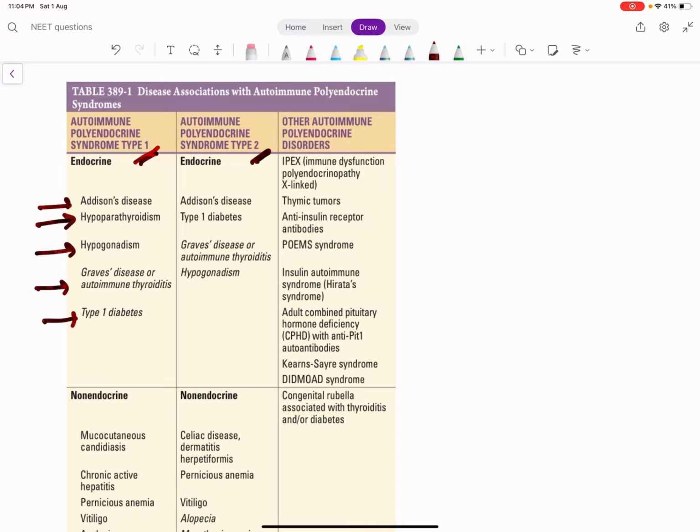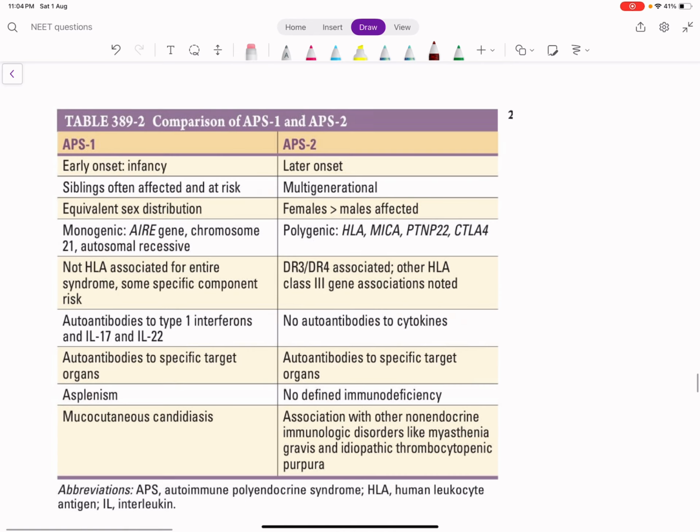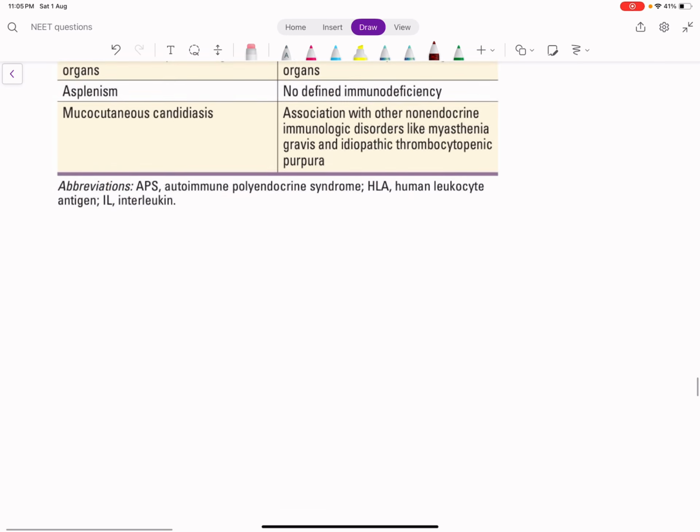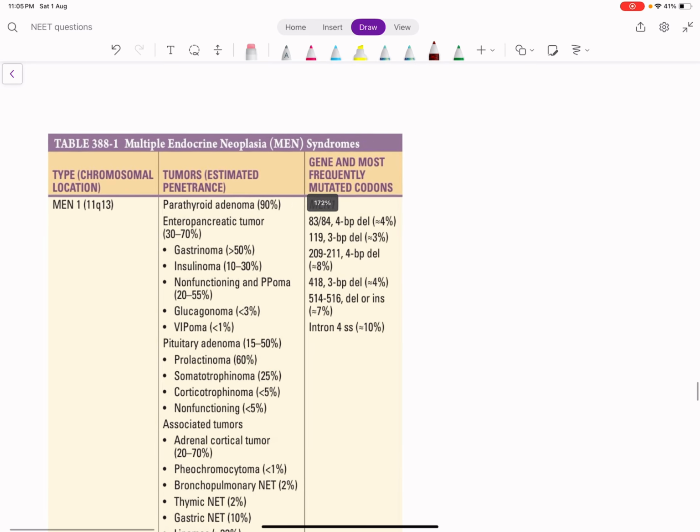So all this is APS type 1. APS type 2 is Addison's, type 1 diabetes, Graves, and hypogonadism. Hypoparathyroidism does not occur here. Okay. So APS type 1 occurs early, APS 2 occurs late. So some questions may be asked here. Just remember there are some syndromes like this.